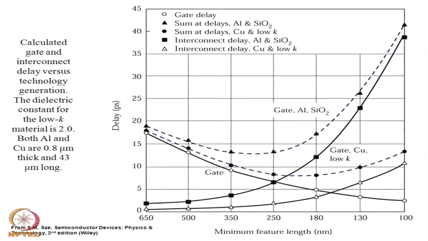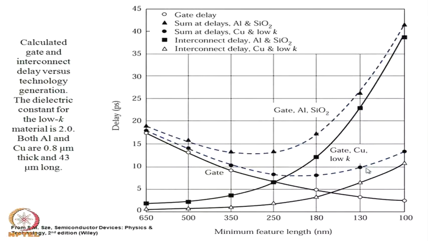At around 250 nanometer, they are almost equal, and if you go down, the sum of the delays increases. The sum of the delays means the gate delay as well as the interconnect delay.